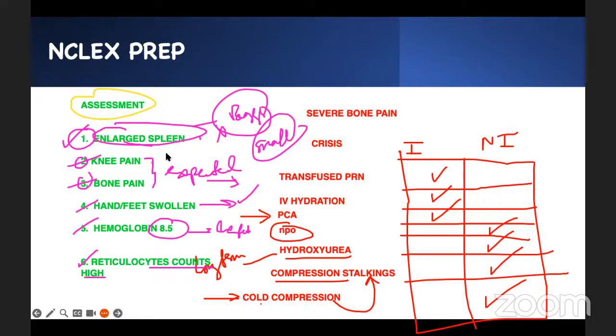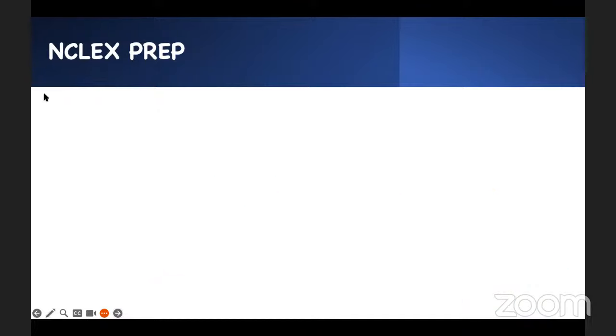So the only thing that was concerning was what? Spleen enlargement. And then finally, she developed a DVT, unfortunately.